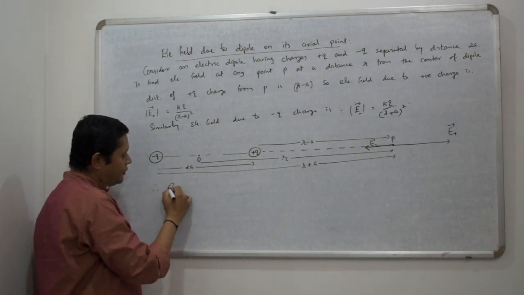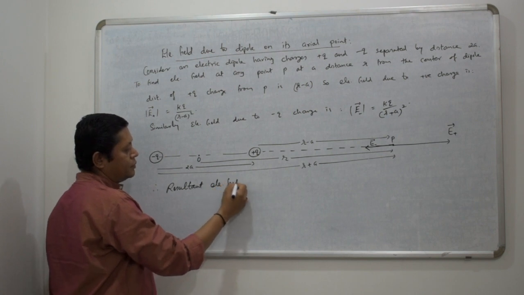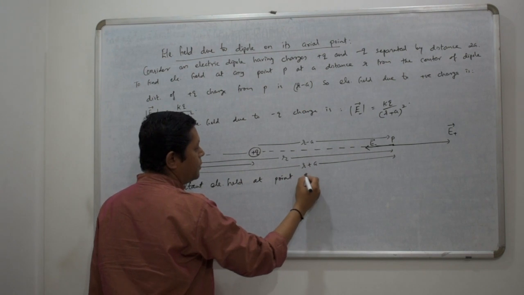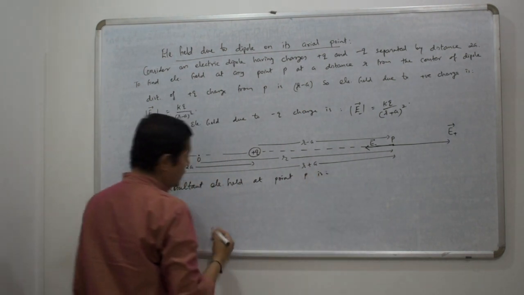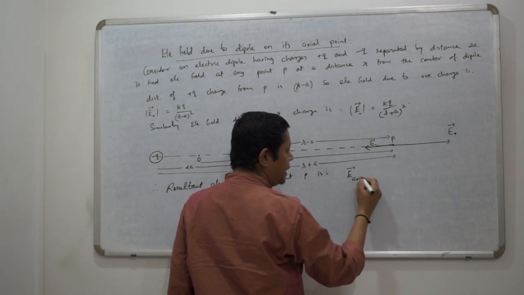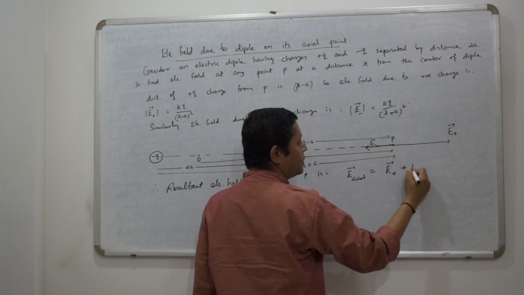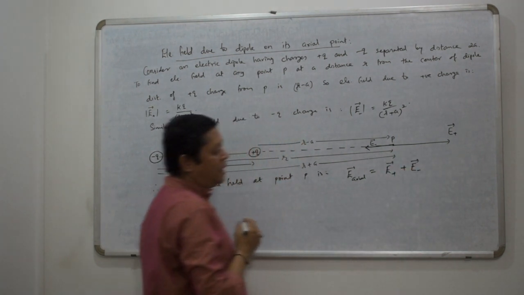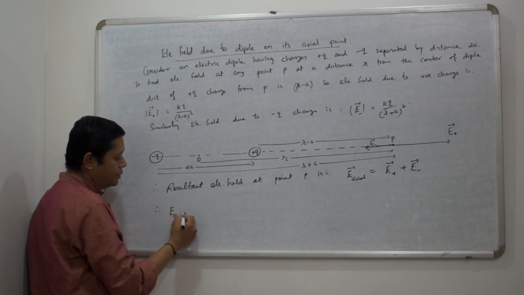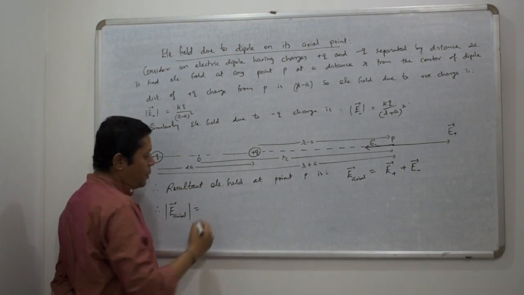Therefore, the resultant electric field at point P, as it is an axial point, E axial is equal to E plus plus E minus. Taking the magnitudes, you take the difference of the two because both are in opposite directions.